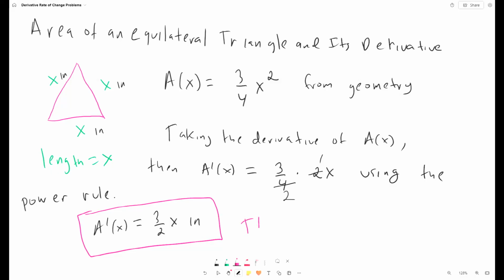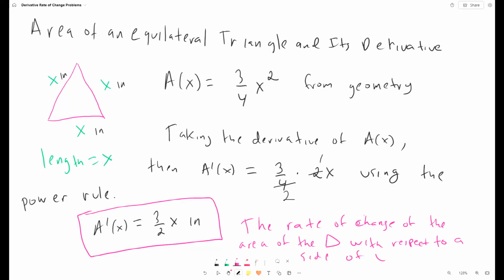So this will be the rate of change of the area of that triangle with respect to a side of x inches.